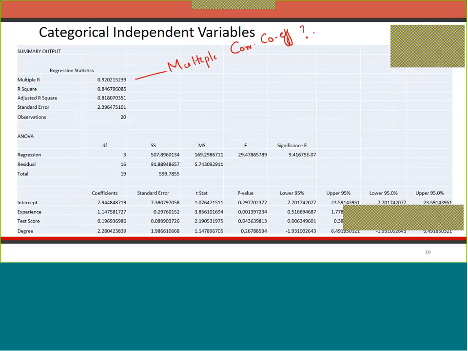We don't have it; let us deal with it in detail later. So this is R square. This is adjusted R square. And this is N.